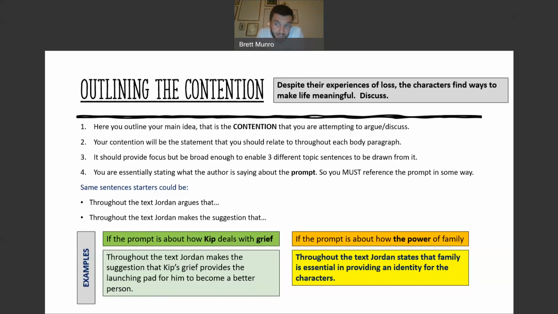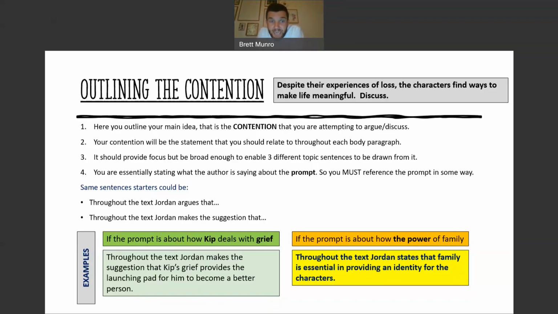So each topic sentence needs to relate back to your contention. Your linking sentences can relate back to your contention. So it's important that you do have a contention that is strong. It should provide focus, but be broad enough to enable 3 different topic sentences to be drawn from it. So you don't want it overly specific, so that you don't have any room to have different ideas.